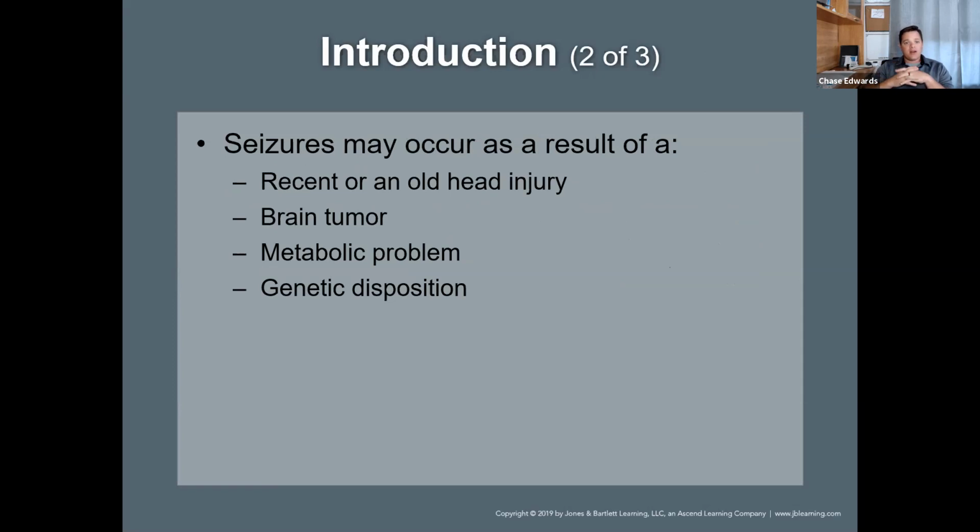So seizures and altered mental status may also occur when there is a disorder in the brain. Seizures may occur as a result of recent or an old head injury, a brain tumor, a metabolic problem, or a genetic disposition.